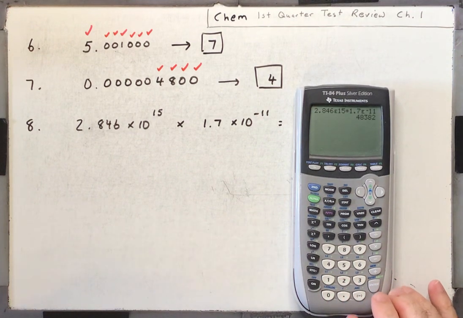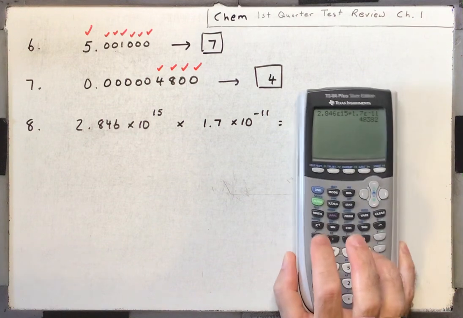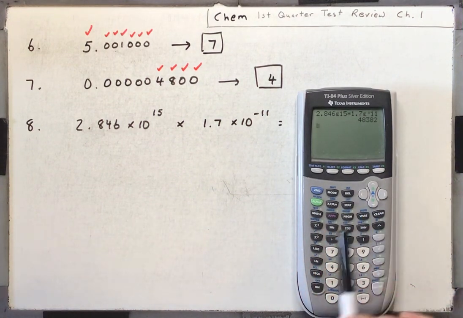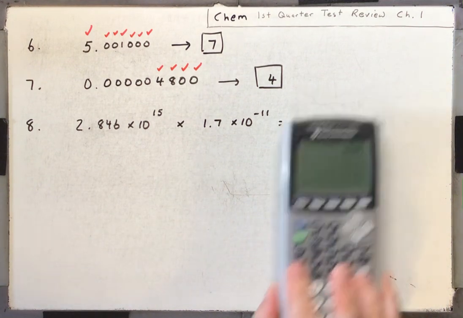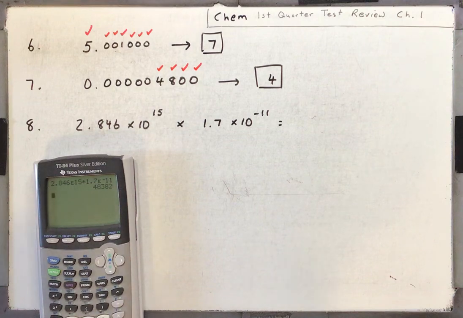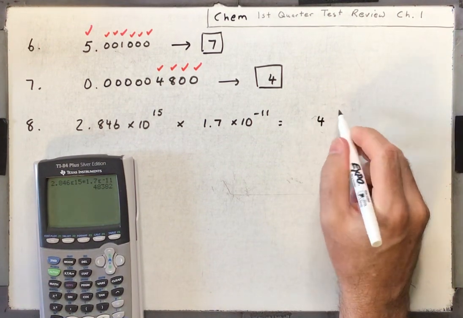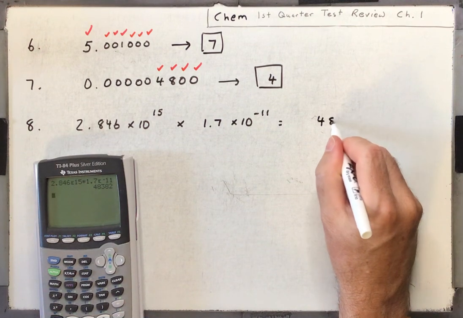Okay, so we get 48,382. Now, we could do that as scientific notation. It didn't give it in scientific notation, so that's okay. We can get the answer. Now, this isn't rounded properly. I'm just going to write it down, 48382.